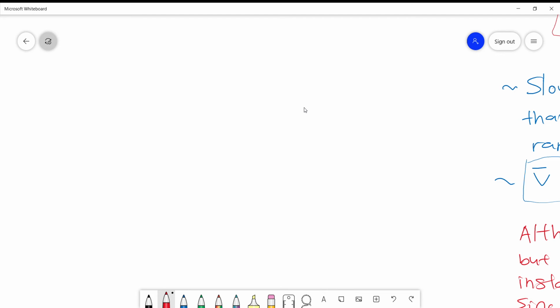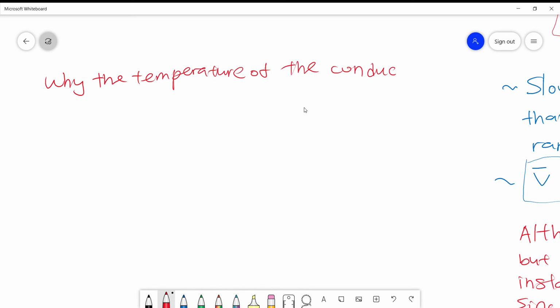So my question is, why does the temperature of the conductor increase? So this is our question.